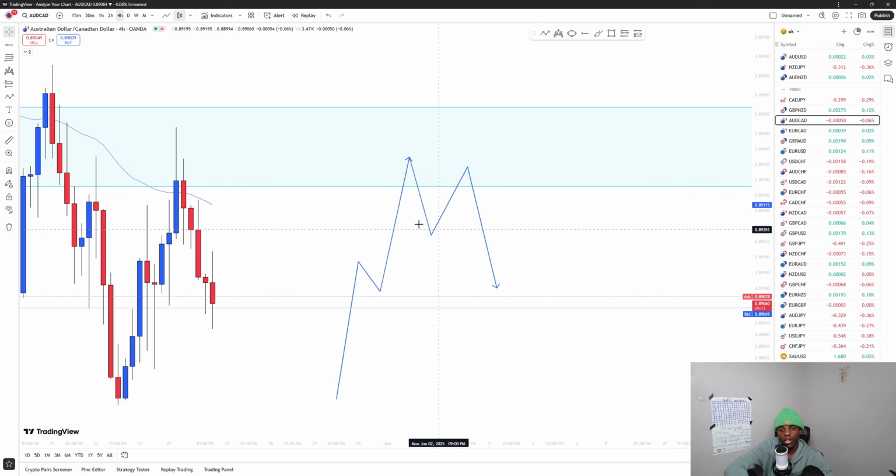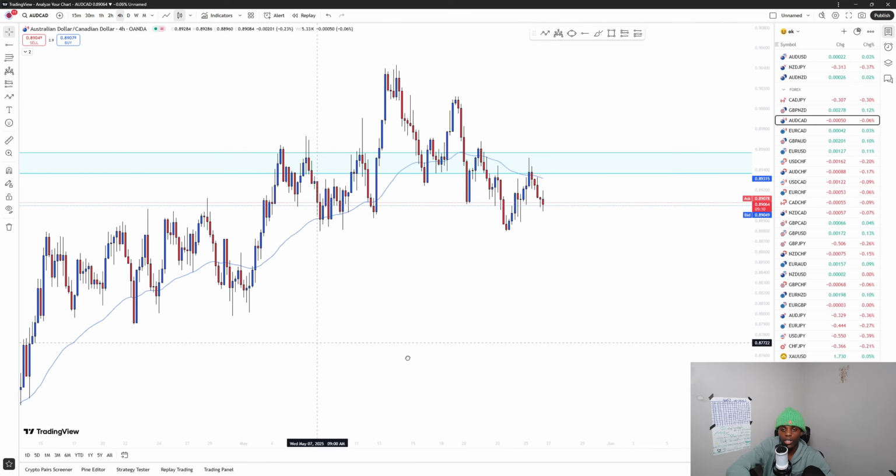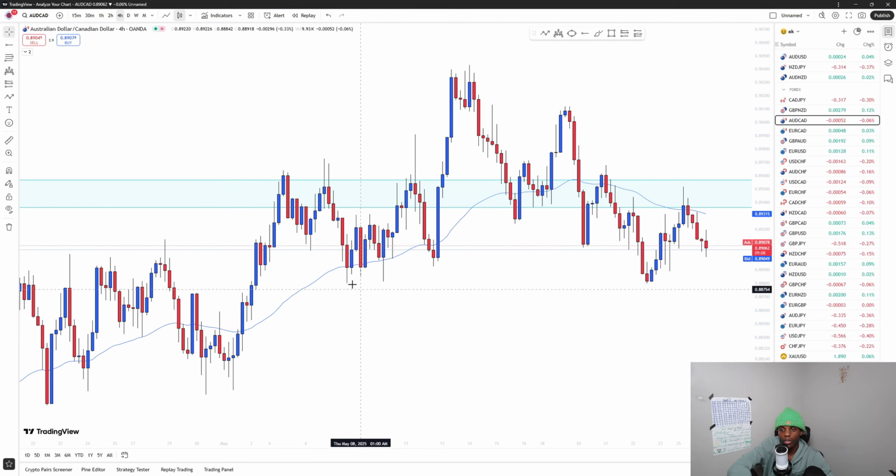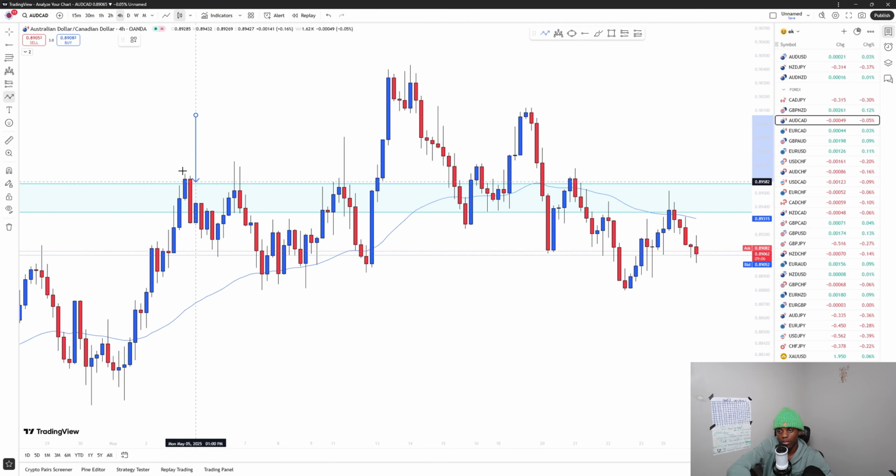Very simple. And as you can see, it's the same thing that happened right here. Let's go back down to the lower time frames and see it at the second structure point. The 4 hour created a double top, went up, pulled back, went up again. As you can see, we did not close above the higher high on the 4 hour.